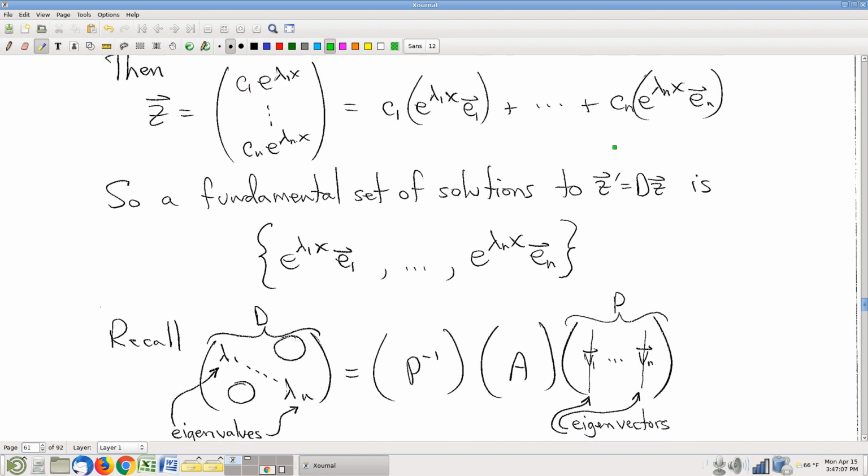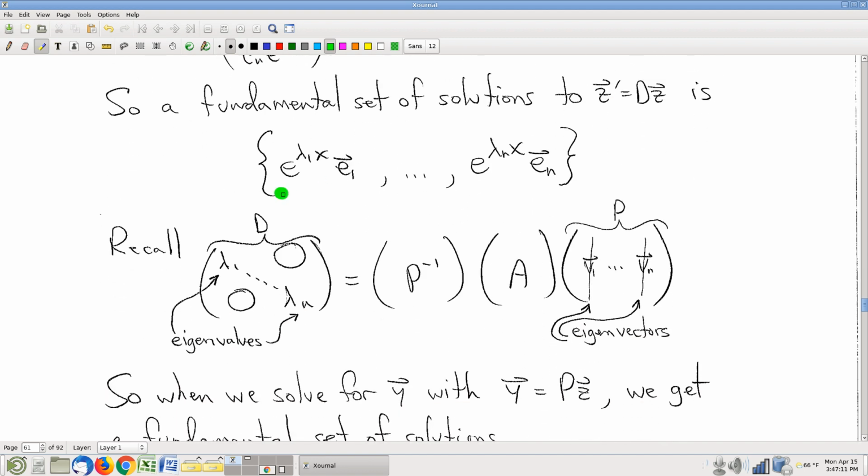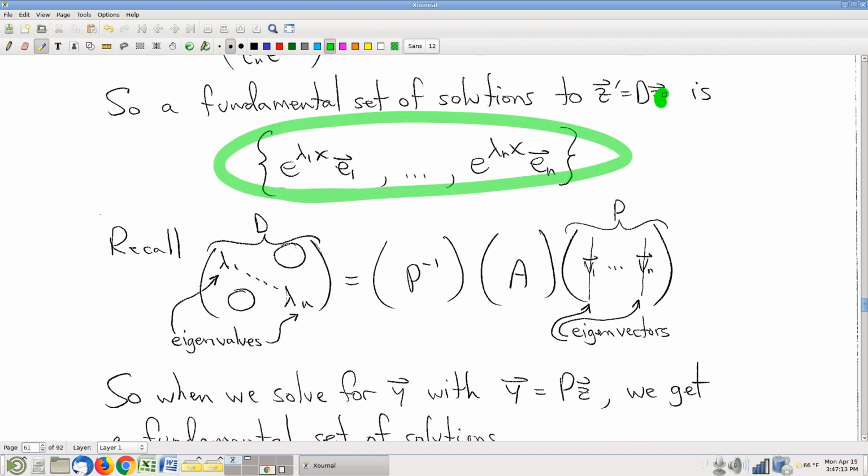I need to take these Z's, and I need to multiply by the P matrix. Here's our P matrix. Don't forget P is the matrix that we use to conjugate A to make it diagonal.